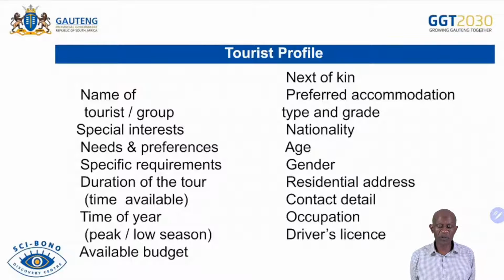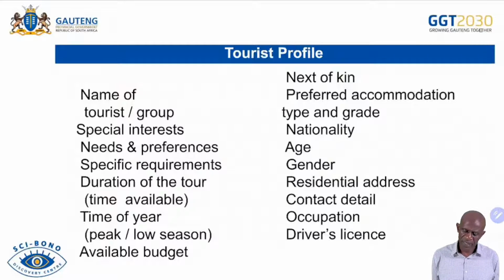You also have to include special interest, the needs and preferences, specific requirements, the duration of the tour, the time available, time of the year, whether it is during Easter vacations, in December, the festive seasons, or during the year, the off-peak season, where the tour is cheap.